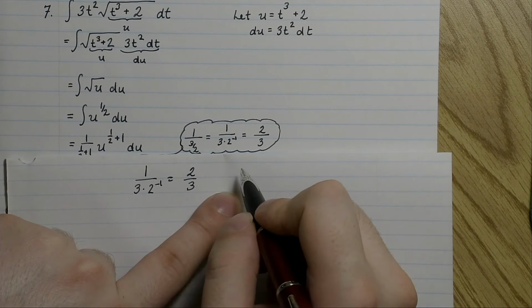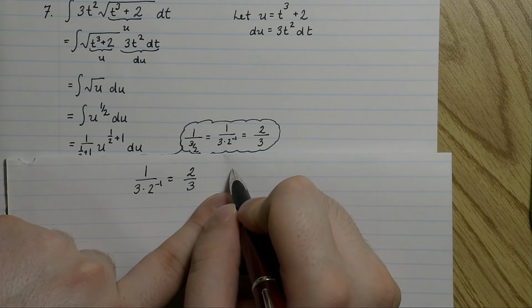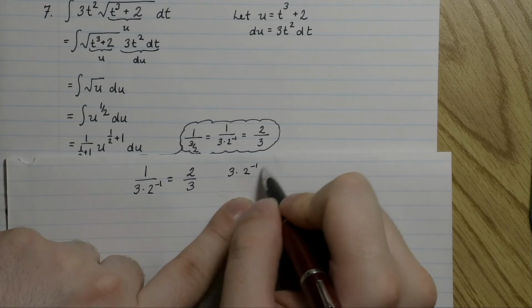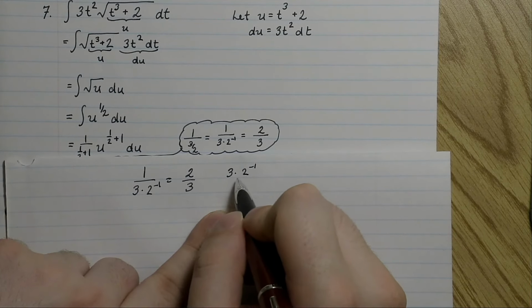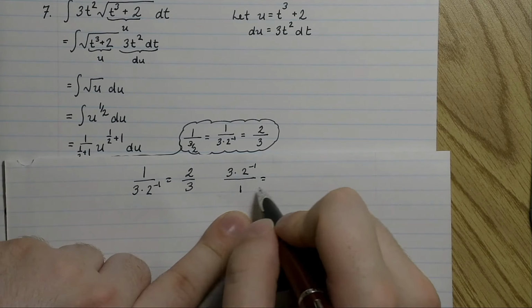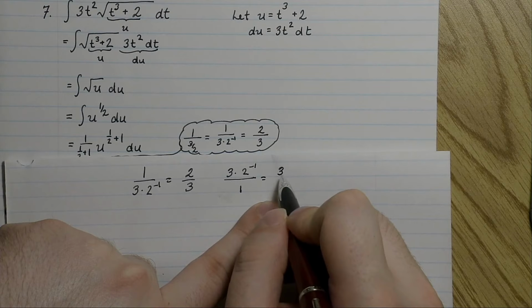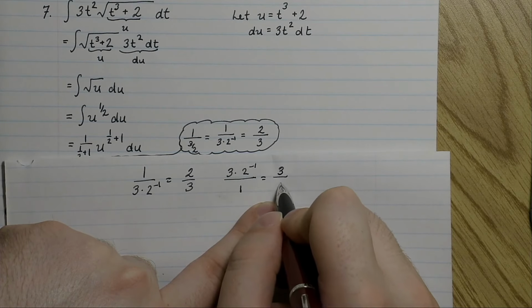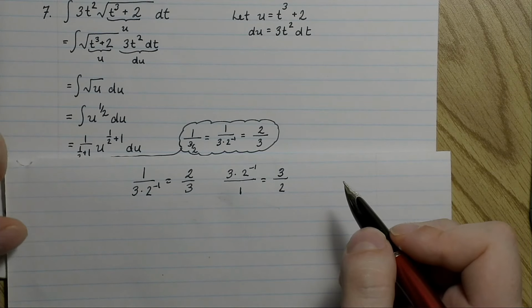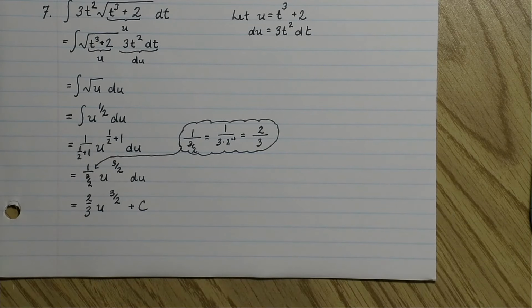Or if I had 3 times 2 to the minus 1, I want to get rid of that negative 1 as a fraction. Well, I just move it into the denominator. So in this case, this becomes 3 over 2. Okay.